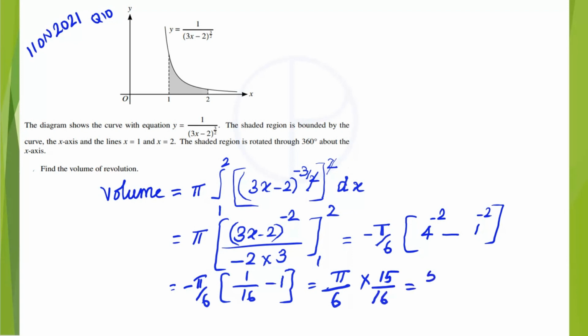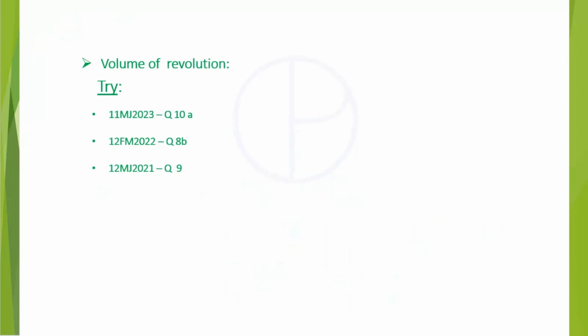So this will be equal to 5 pi divided by 32. And these are some of the finding the volume questions from the past papers. Try these questions.